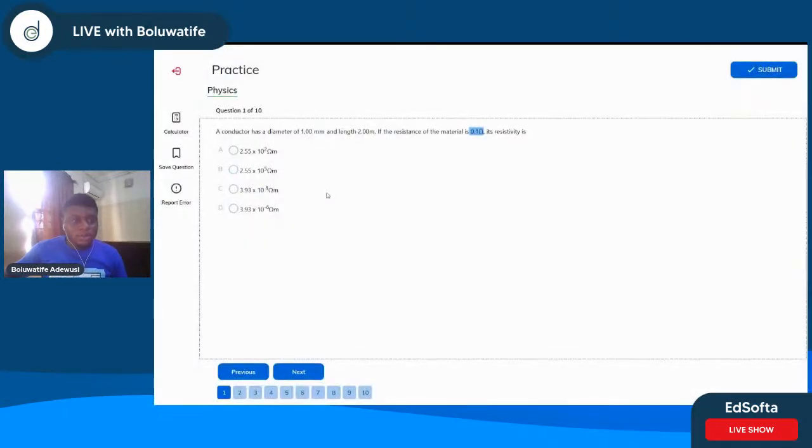Okay, so let's look for our answer here. We have 10 raised to power 8. Ooh, I think there's supposed to be a minus here. But I will pick that. And there's this wonderful thing we have here at EdSofta so that we can serve our users better. There's this thing called report error. It actually looks like there should be a minus because there's a distance here.